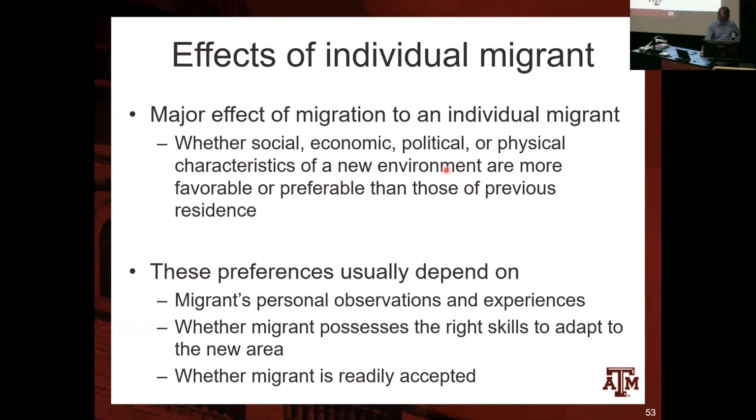Because all these characteristics of the area of destination are better from my point of view than the area that I was living in before. But those preferences of actually moving depend on migrants' personal observation and experiences, whether the migrant possesses the right skills to adapt to the new area, and whether the migrant is readily accepted.